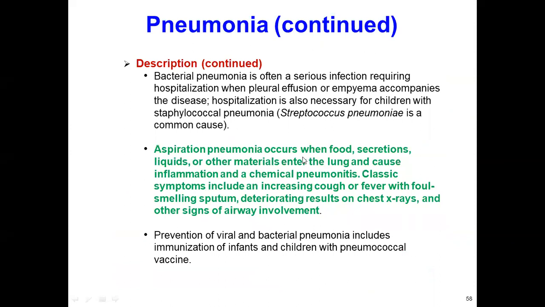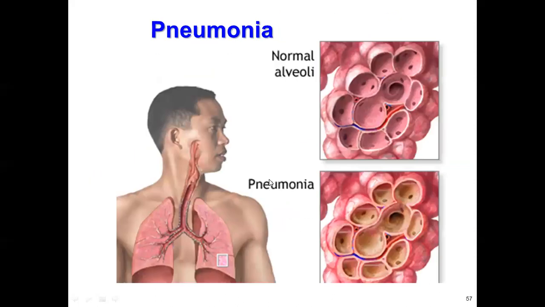Secretions or liquid materials enter the lungs and cause inflammation, and chemical pneumonitis develops. In pneumonia, we can see excess secretion, the lumen is narrow, and the airways are dilated and do not go back to their position.